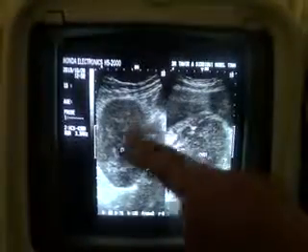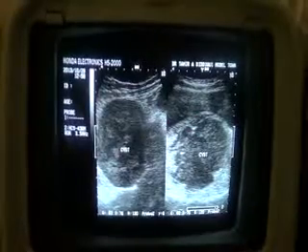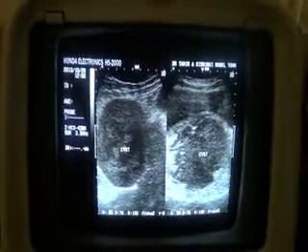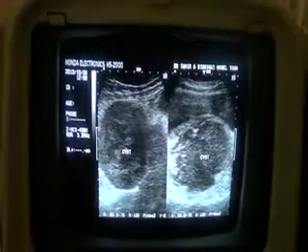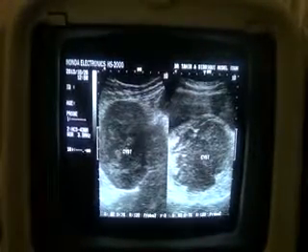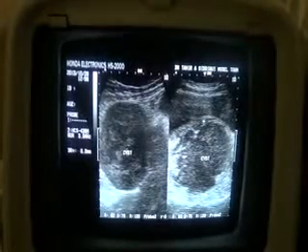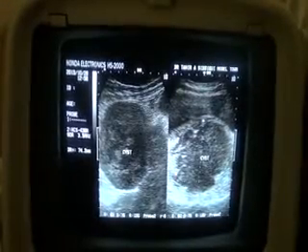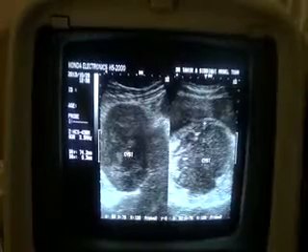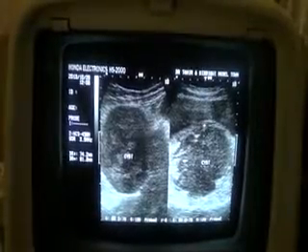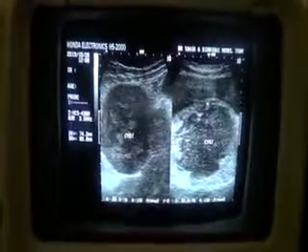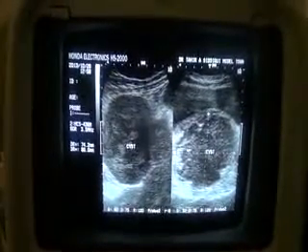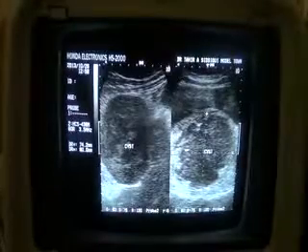See the thin wall of the right-side cyst and the thick wall of the left-side cyst. Now this finding is consistent with either bilateral hemorrhagic ovarian cyst or bilateral pyosalpinx in a 40 years old female.